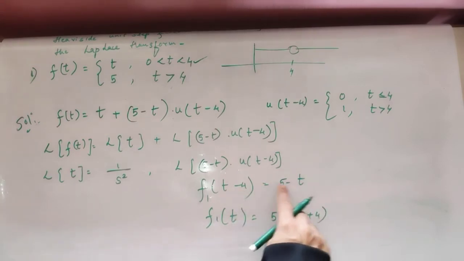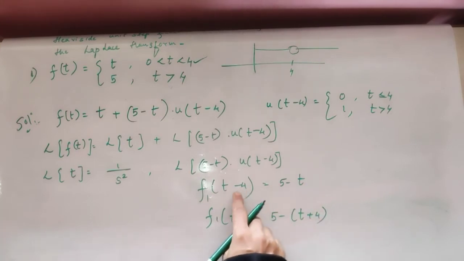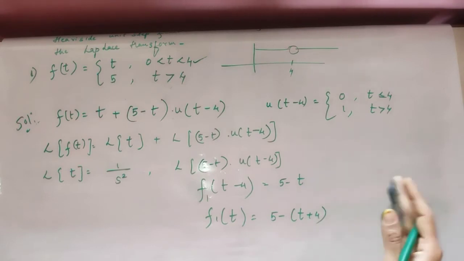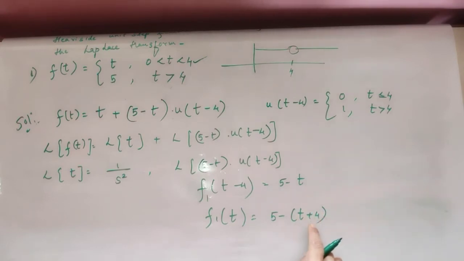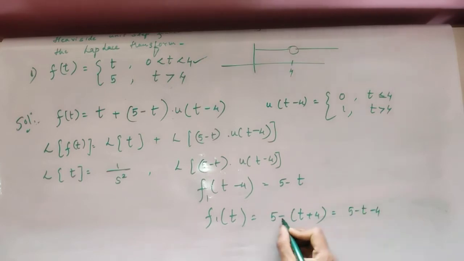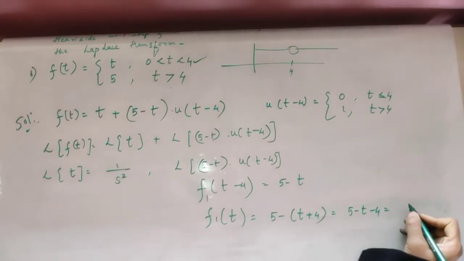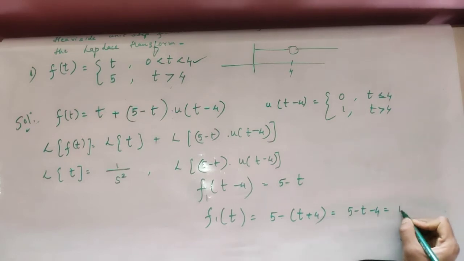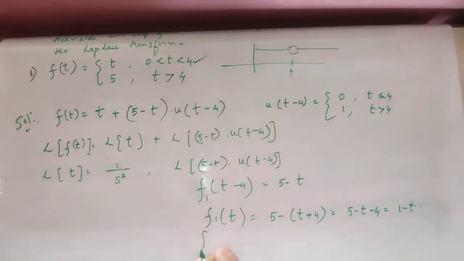This t is 4 steps ahead of this left hand side. So if it is t here, it should be again 4 steps ahead. It should be clear to you. Now this is equal to 5 minus t minus 4. Take this minus sign inside. You will have 5 minus 4, 1, minus t you get. So f1 of t is 1 minus t.